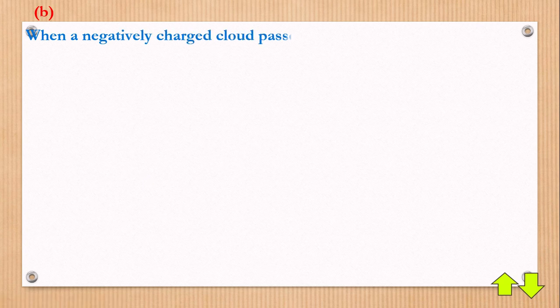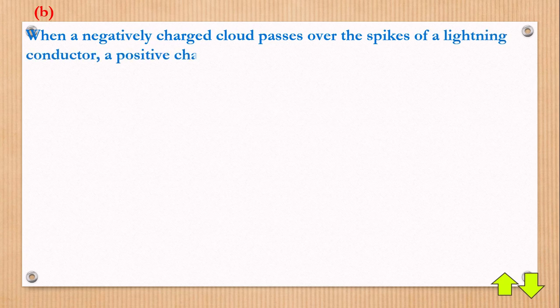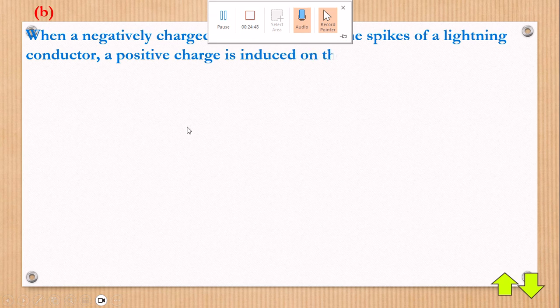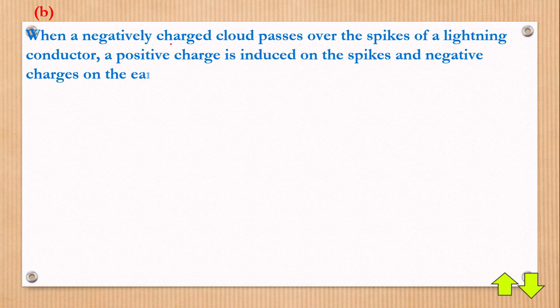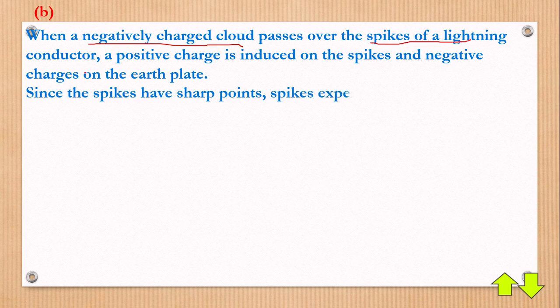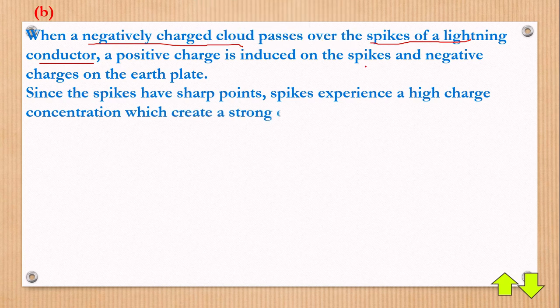So we are saying that when a negatively charged cloud passes over spikes of a lightning conductor, those are sharp points, a positive charge is induced on the spikes, and the negative charges on the earth plate.